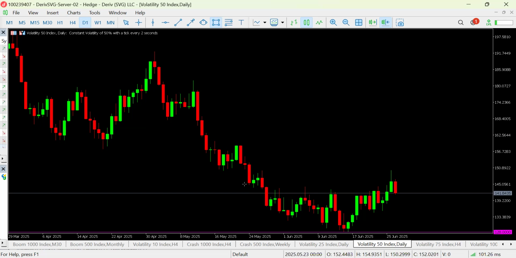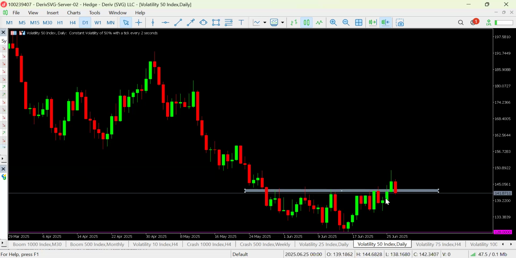So from what I can see here, my first instinct would be to map out the zone. And the reason I'll be mapping out the zone is simple. Now, this is the daily time frame, which means every candlestick here represents 24 hours, which is 1 day. This first zone that I've just mapped out has shown that for 1, 2, 3, 4, 5, 6, 7, 8, 9, 10, 11 days, price was rejected by this zone.